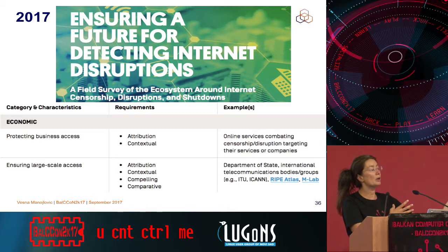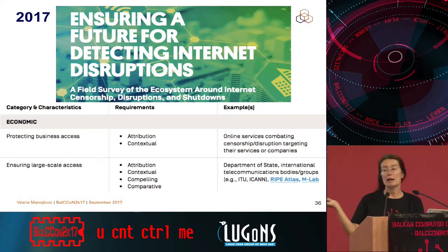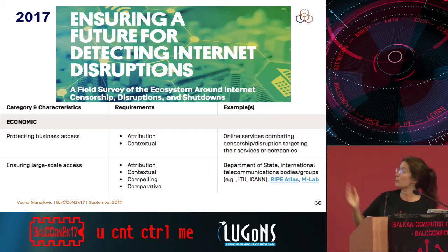How can you prove who was doing it, who was not doing it, who was complying with the laws, why were they doing it, and so on. And for some of these purposes, they can actually use RIPE Atlas. They also warned us about some other technical considerations that we didn't think about if people start using RIPE Atlas for these purposes. So we still have some work to do.